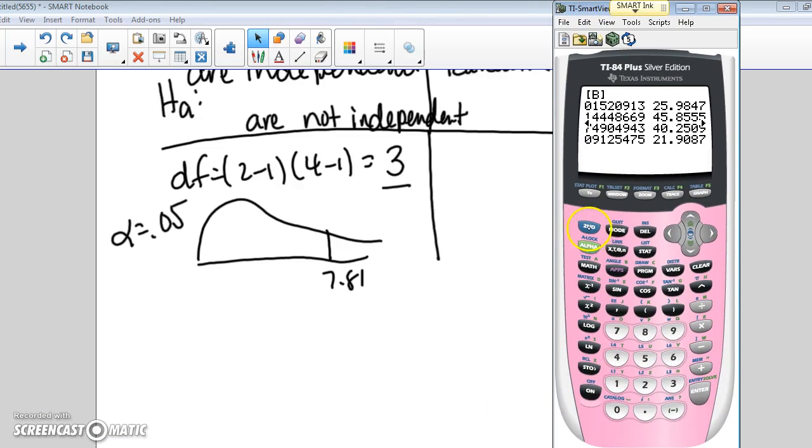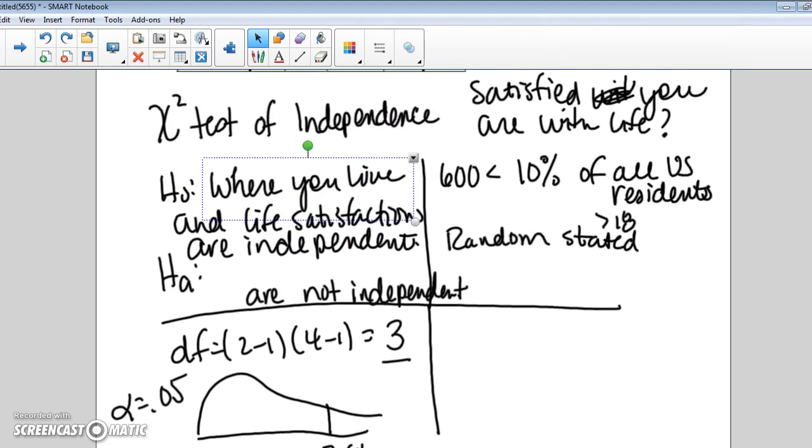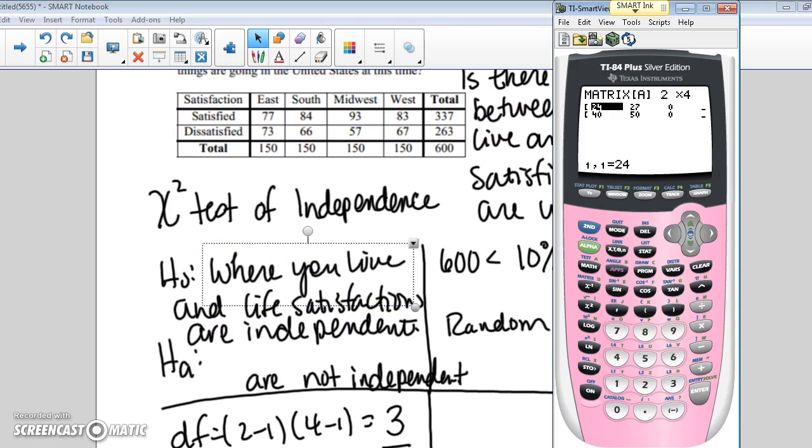And then you would put your calculator up. So we would hit second, x to negative 1, arrow over to edit. This time we have a 2 by 4. We're just going to use A, and we'll plug in the numbers. 77, 84, 93, and then enter between each. 93, 83, 73, 66.